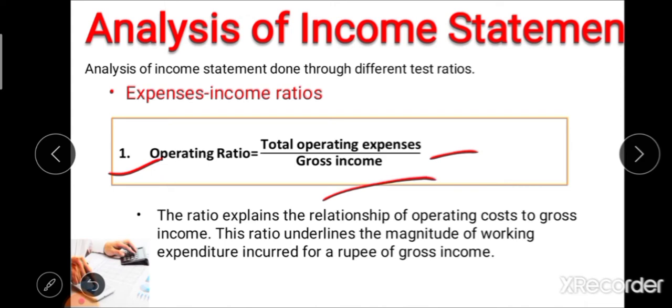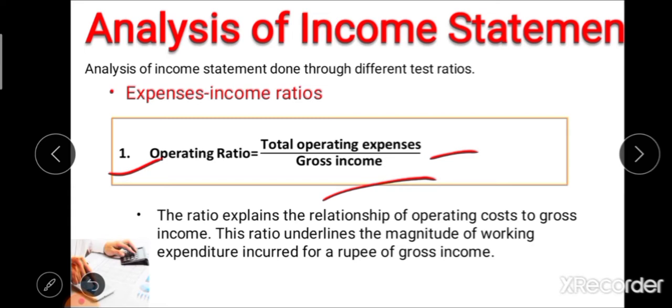This ratio explains the relationship between operating cost and gross income, and underlines the magnitude of working expenditure incurred per rupee of gross income.